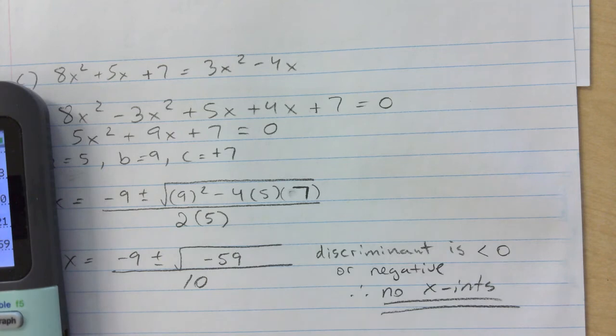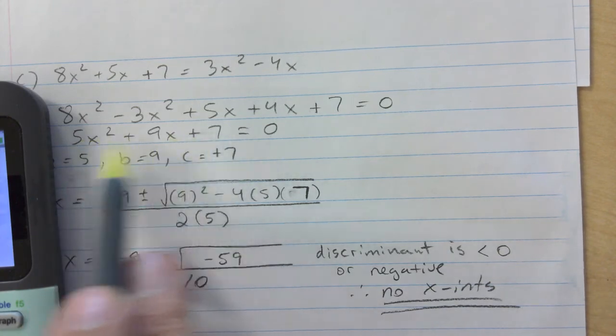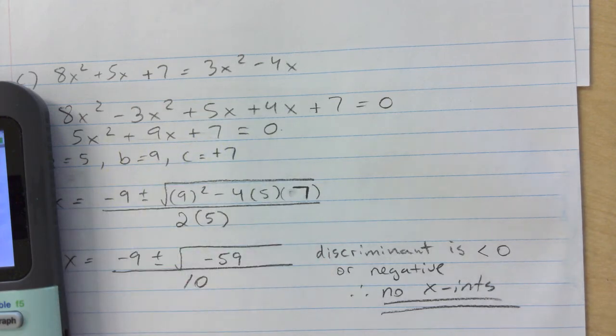Grab your calculators, go y equals, and type this into y1. This part here when it's equal to 0. Because sometimes you will wonder, did I make a mistake or is it supposed to be this? 5x squared plus 9x plus 7.